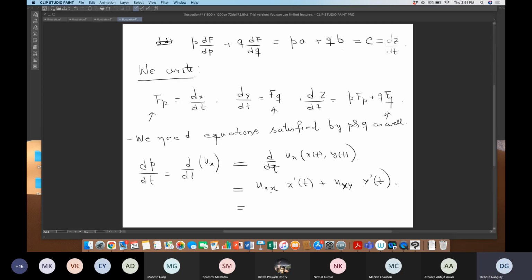So what is this? What is uxx? What is x prime t? dx by dt is fp, and uxx is p.